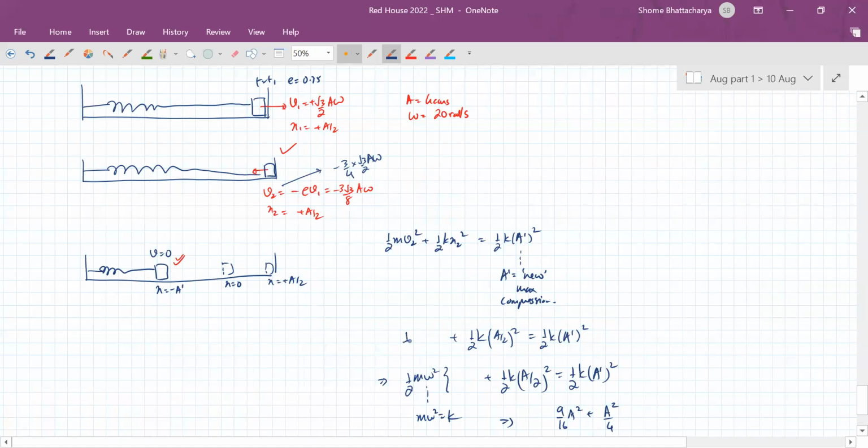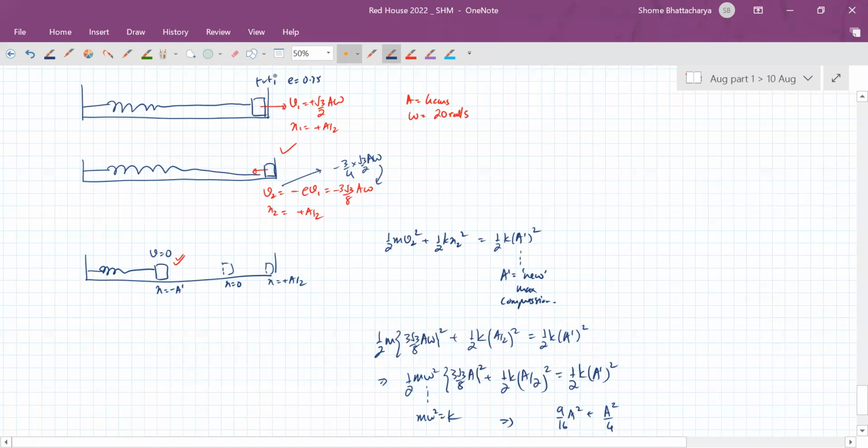Okay, so I've got half m times 3 root 3 by 8 A omega whole square. So this will be 3 root 3 by 8 capital A whole square instead.